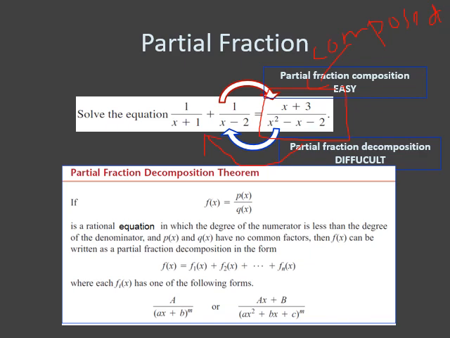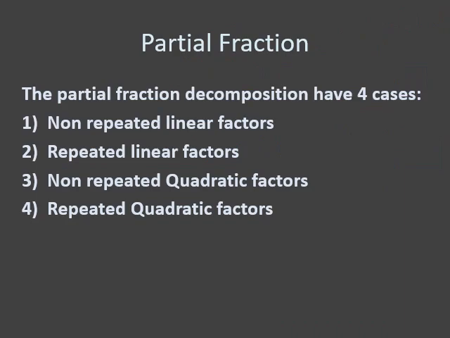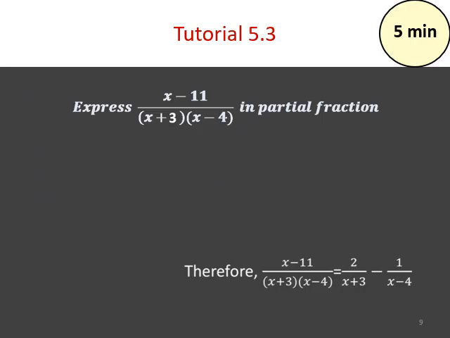In the other case, when you're given one already decomposed, it's easy to compose it. For our case, we want to do the decomposition, the difficult one. I will skip through all the description here. We'll move to the question itself.